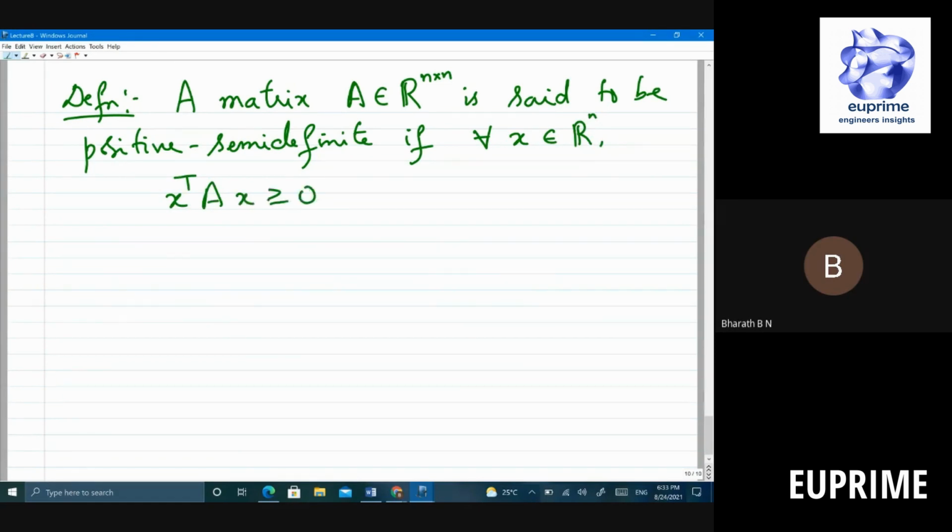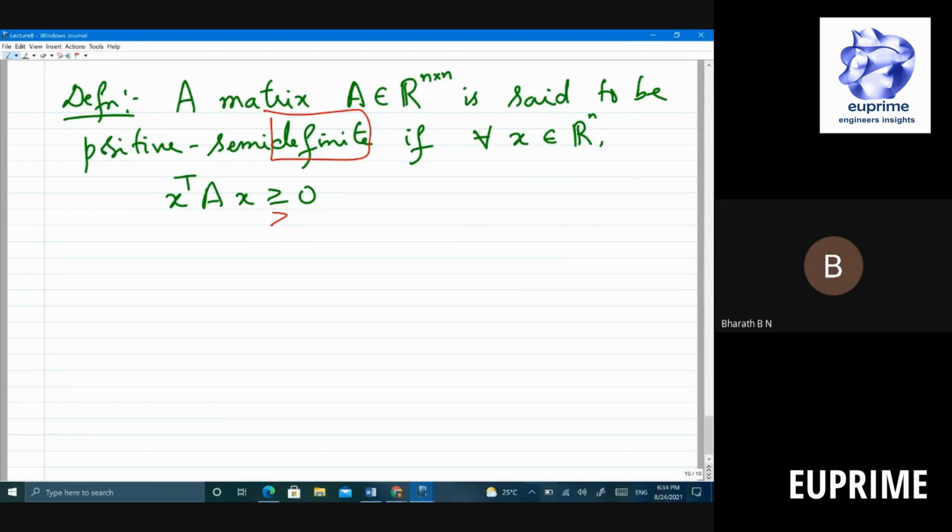If it is strictly greater than 0, we call it definite. What is negative semi-definite? It's easy: it should be less than or equal to 0. What is negative definite? Less than 0. Or the other way of saying it: a matrix is said to be negative semi-definite if minus A is positive semi-definite. Same thing. Is this fine, everyone?